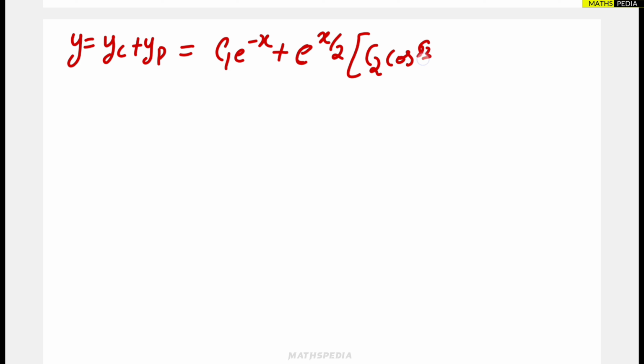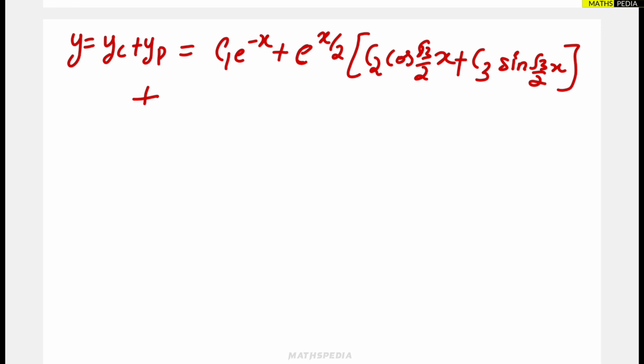So the y value is equal to yc plus yp, where yc we already calculated, which is c1 e power minus x plus e power x by 2 into c2 cos root 3 by 2 x plus c3 sin root 3 by 2 x.